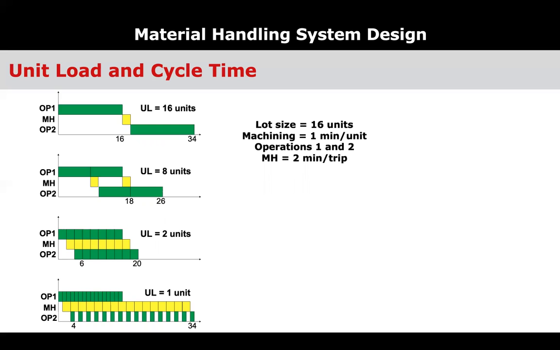One is a unit load of 16 units. You do 16 at a time, then one material handling move, and then you do 16 more. That takes 34 minutes to get all 16 units through the cycle.